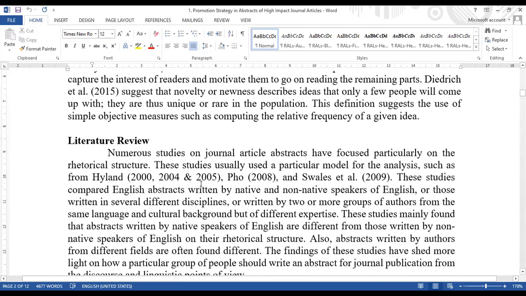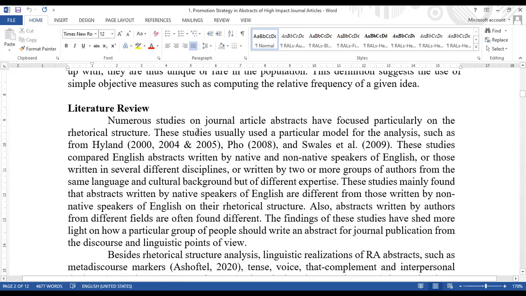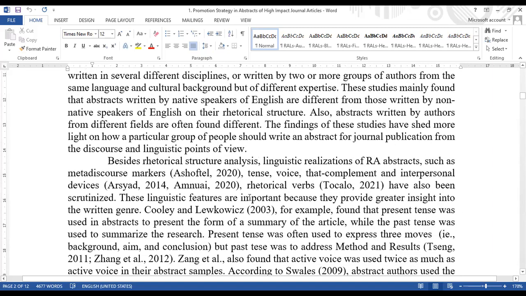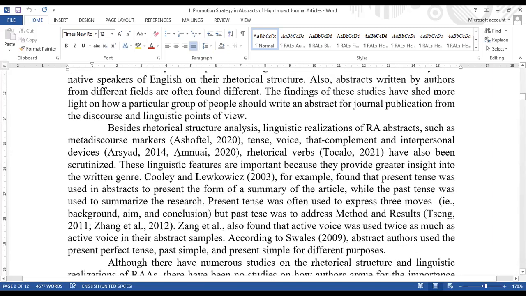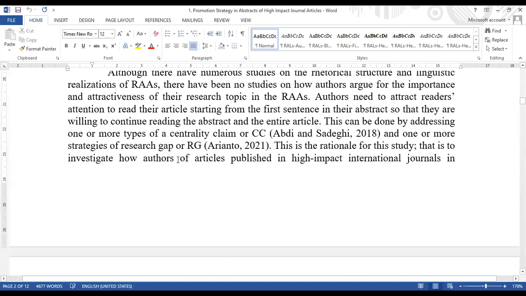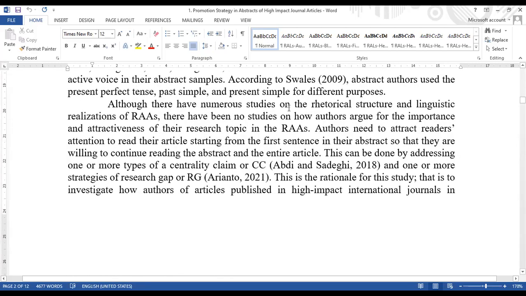I mentioned here in my literature review, there have been many studies on research article abstracts focusing on rhetorical structure. Although there have been a number of studies on the rhetorical structures and linguistic realization, there have been no studies on how authors argue for the importance and attractiveness of the research topic in the research article abstract.